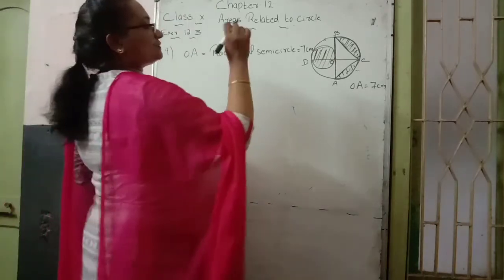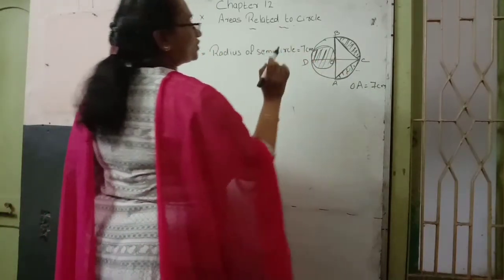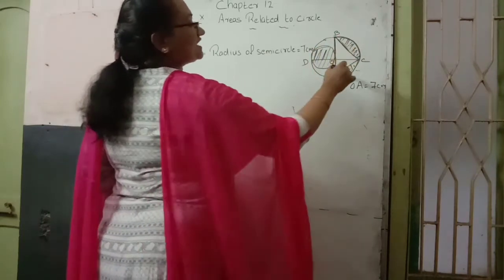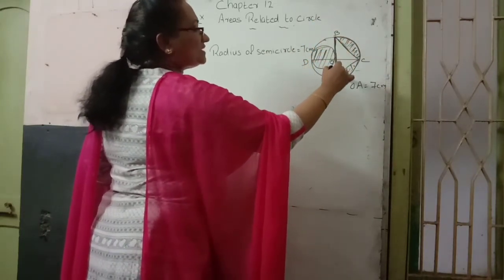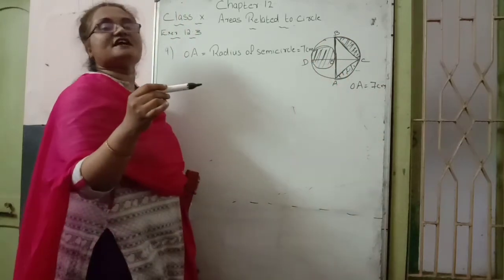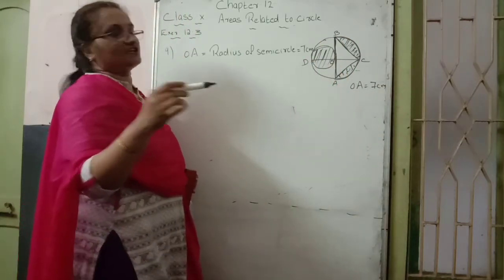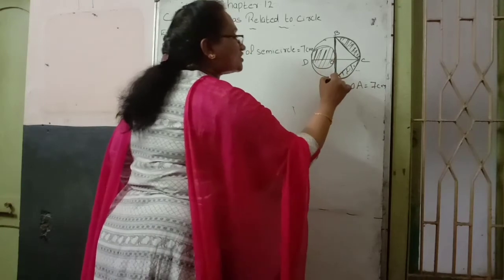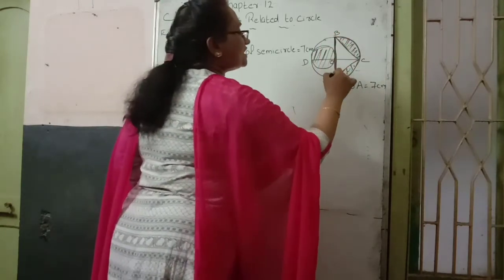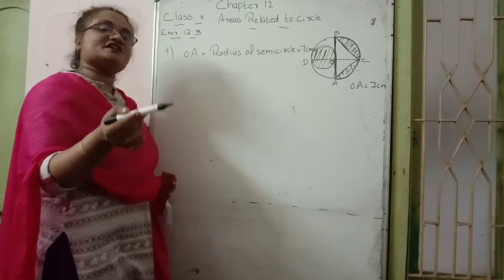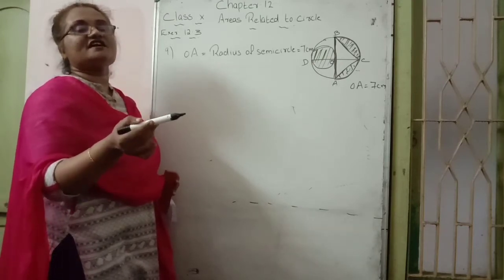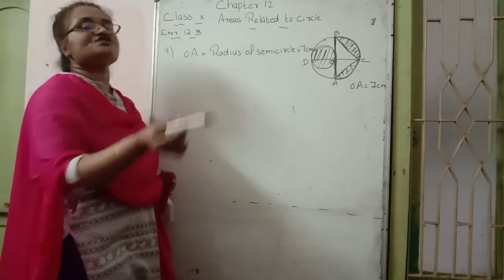Next, we first frame the semicircle. What about AB? AB is the diameter of the semicircle, and OA is the radius. What is the relation between radius and diameter? Diameter is twice the radius.